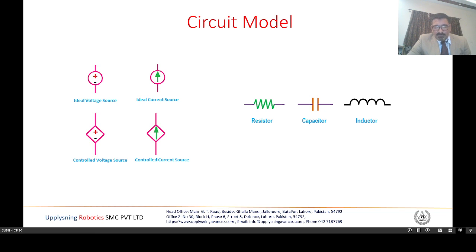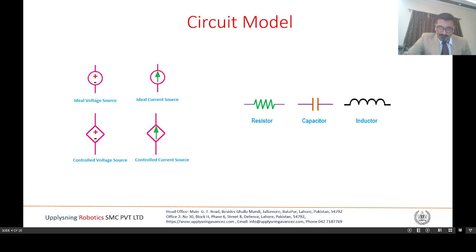The voltage can be defined with plus and minus terminals, and the current will have a direction. Why do we have this? Because current is a measurement of the rate of flow of charge through a circuit. That means the flow of energy through a circuit. That's why we mark a direction.